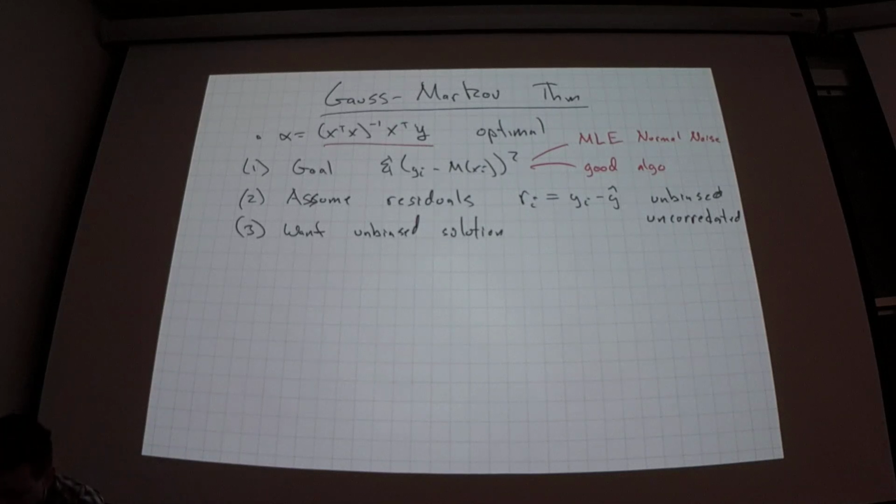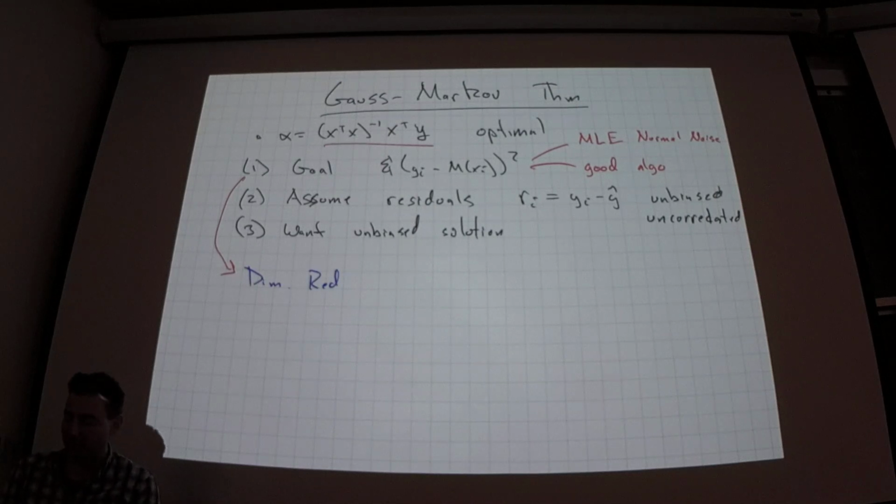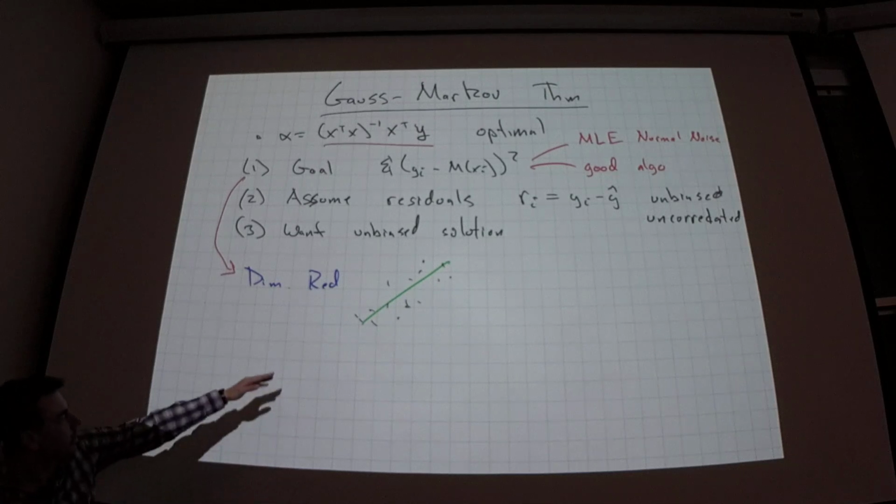But I just want to mention a couple of things here. Okay, so the first one is we're going to talk about dimensional reduction. What we're going to have instead is points like this, and we're going to fit a model that again goes through the points. This could be lower dimensional.